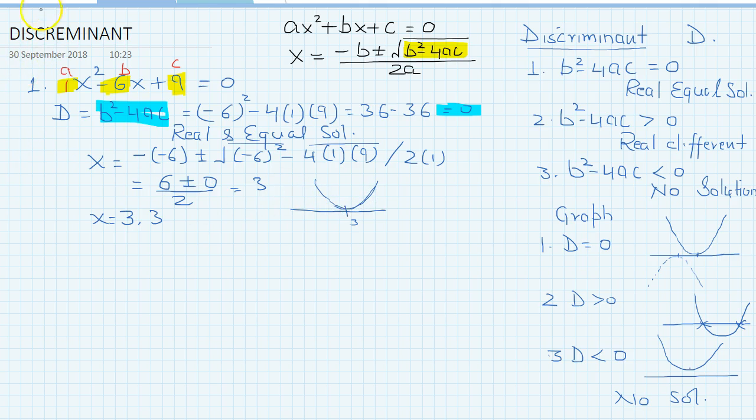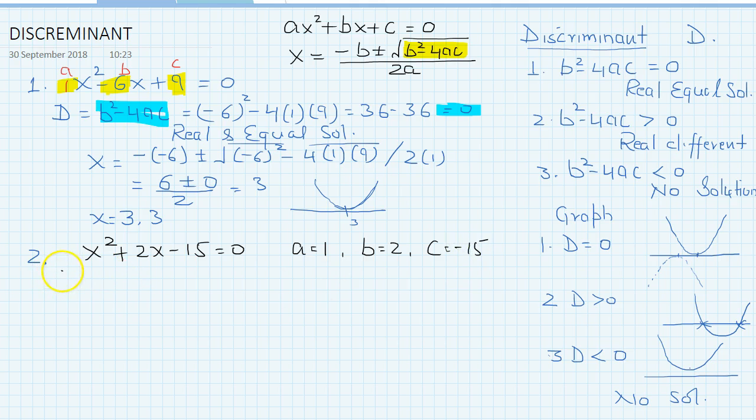That's the first case. Now second case, let's take example x square plus 2x minus 15 is equal to 0. So here we know a is equal to 1, b is equal to 2 and c is minus 15.